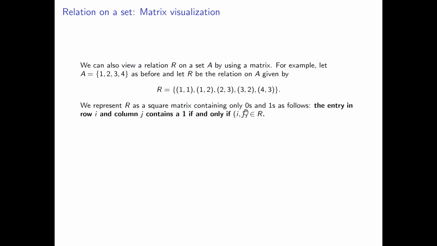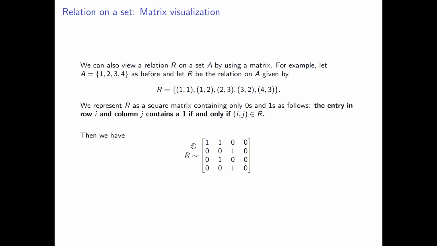The matrix will have some rows and some columns. In row i and column j, we'll put a 1 if and only if the pair (i, j) is in the relation. In all other spots, we'll put zeros. For this relation, this is the matrix that we get.